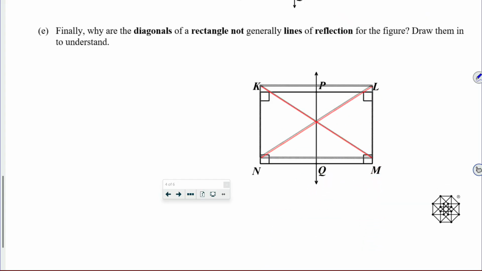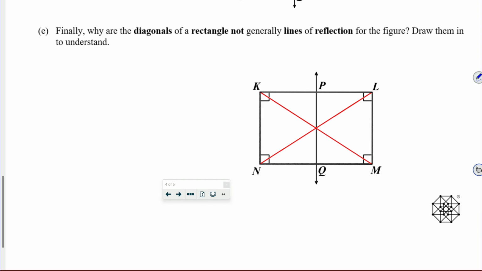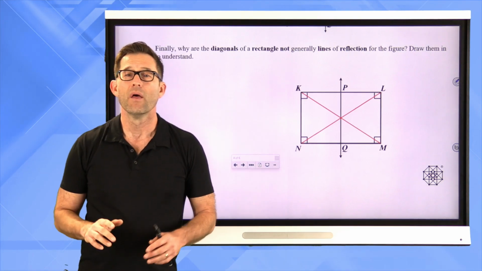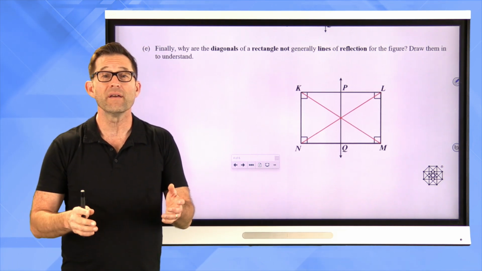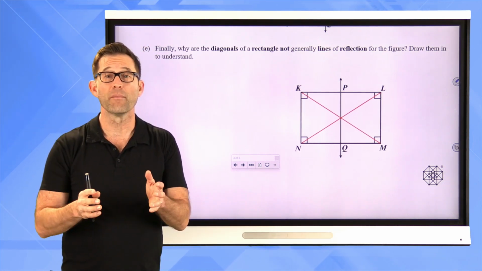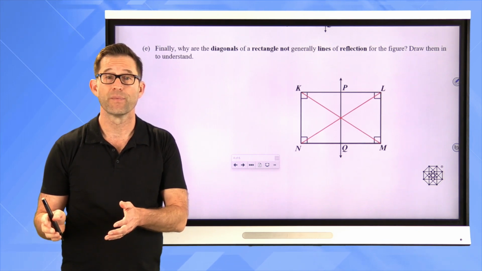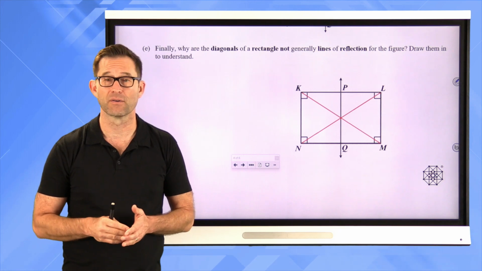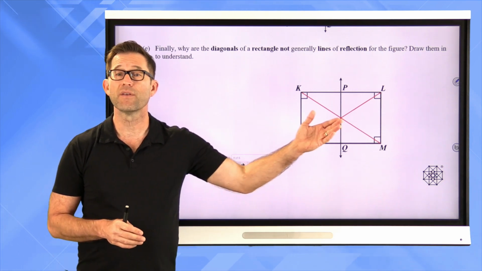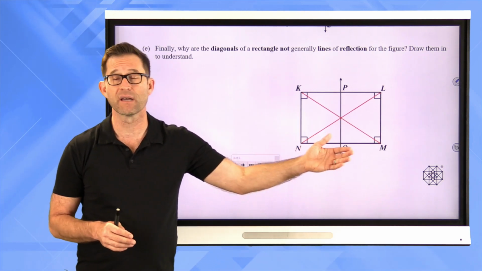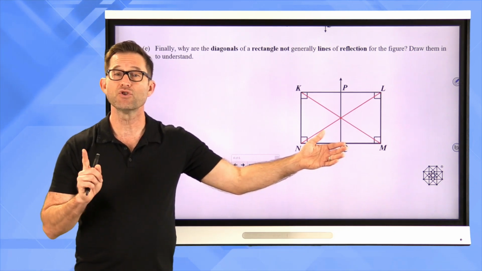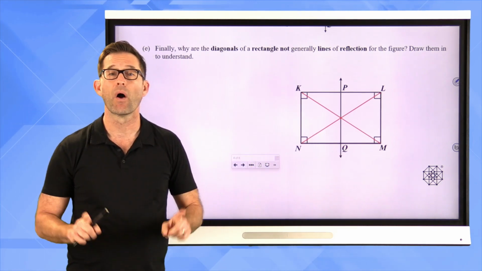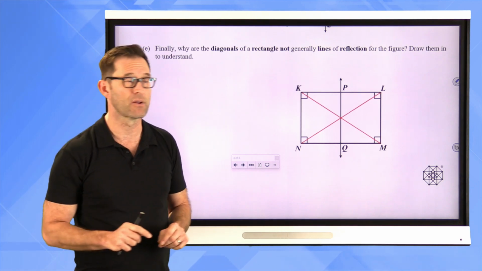If I bring this up here, so that I have my diagonals drawn in, the real issue was, why was it that for a rhombus, they were lines of symmetry? Well, for a rhombus, they were lines of symmetry because they were perpendicular bisectors of one another. Now, certainly the diagonals of a rectangle are bisectors of one another, but in general, the diagonals of a rectangle are not perpendicular to each other.